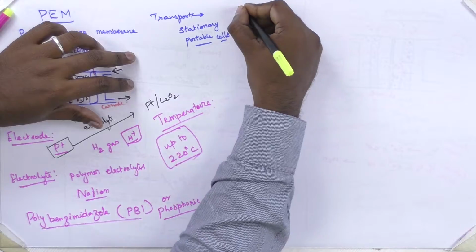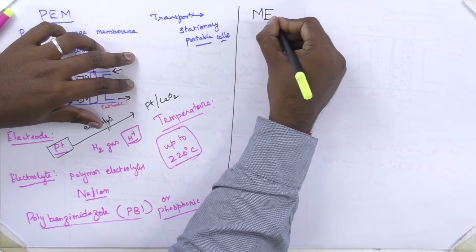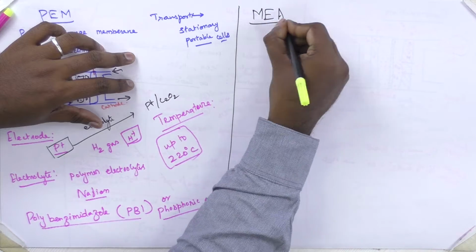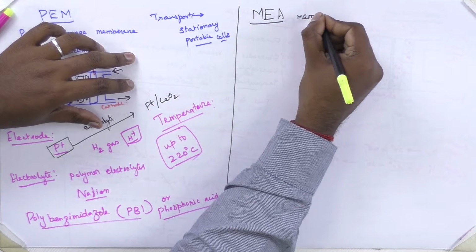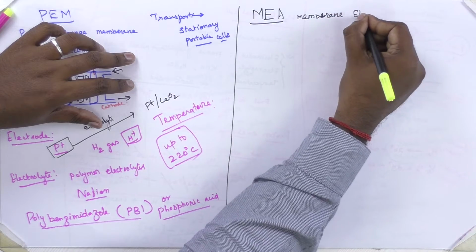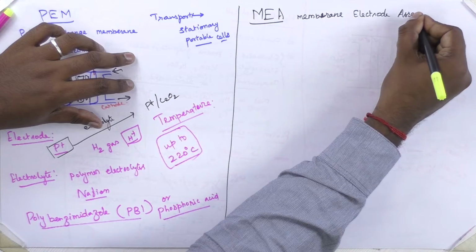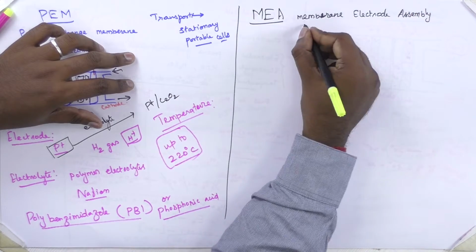And the main thing is the membrane electrode assembly, which is called MEA.